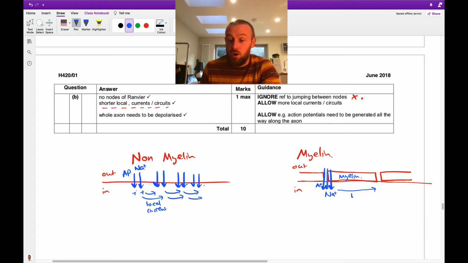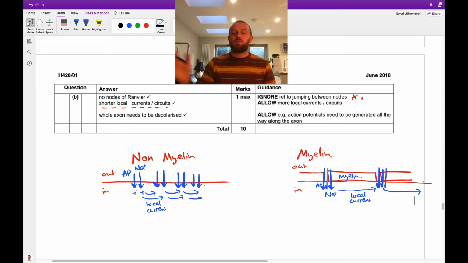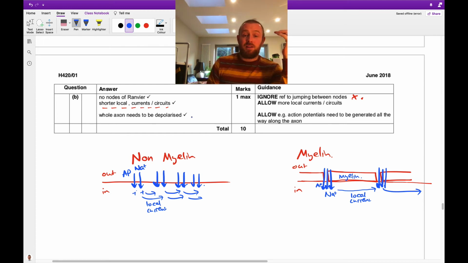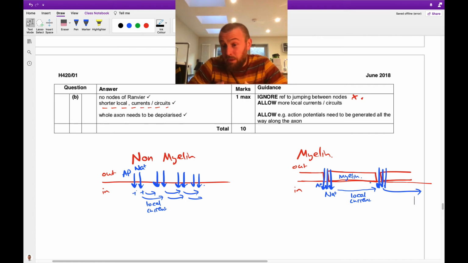So this is a longer local current which travels between nodes of Ranvier, enough that this next node will depolarize. We often say in class that it jumps from node to node, but a longer local current is the full explanation of how it occurs.